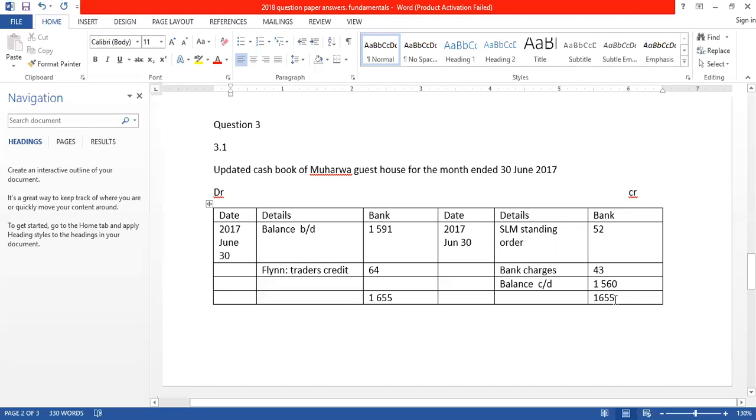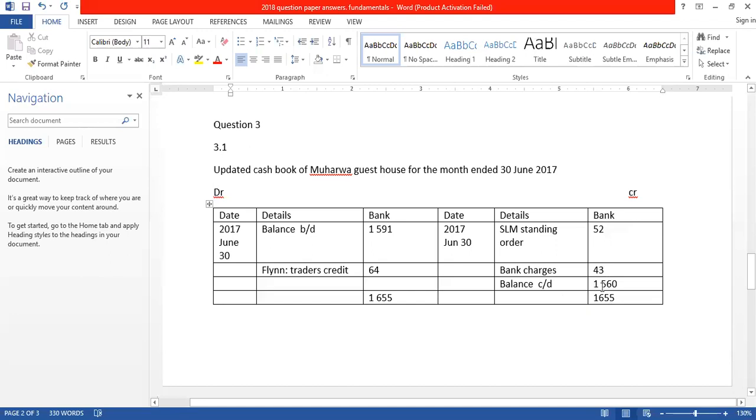And then from there, you find the balancing figure, or you subtract the smaller side from the bigger side. Now in this case, it's 1,655 minus 43 minus 52, and then you write your balance carried down.